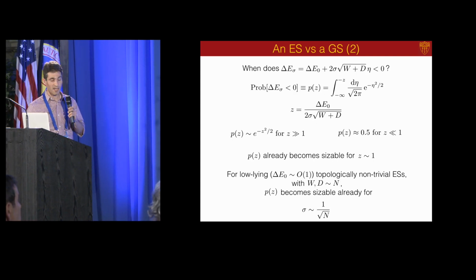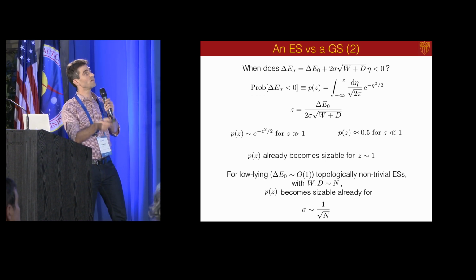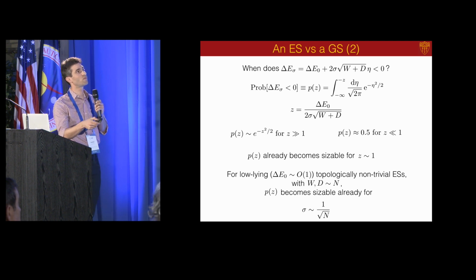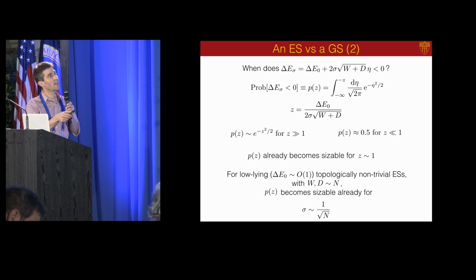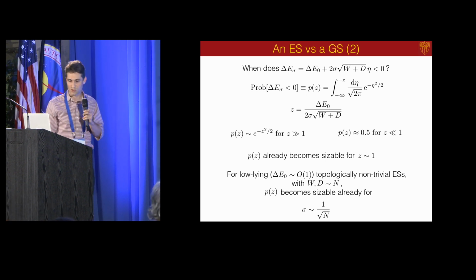So now I can actually answer the question of when is this quantity negative. All I have to do is do this Gaussian integral from -infinity to -z, where z is given by this ratio. And I'm going to denote this probability by P of z. We can look at this probability in the extreme limits.